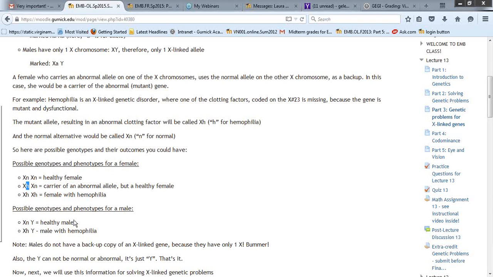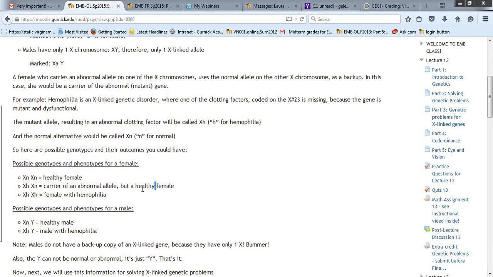So if you have, for example, a female who has a normal X and a normal X, you're going to have a healthy female. If you have a female who has one X normal and the other X that is affected with the mutant gene, then this female would be only a carrier of the abnormal allele, but because she has a second X chromosome that's normal, she has a backup copy, then she's not going to express the disease.